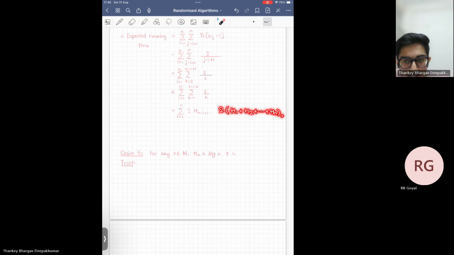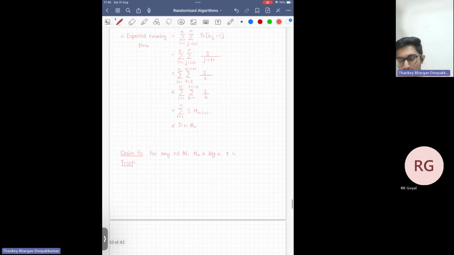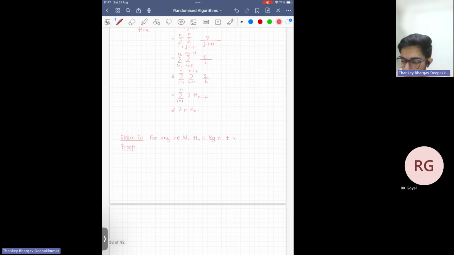This is an increasing sequence, so I can just say this is less than or equal to the last one, upper bounding every harmonic number by the last one. Okay, so now all we need to do is see how large Hn is, right? Yes. Okay, so now what we'll do is prove that Hn is at most log n plus 1.